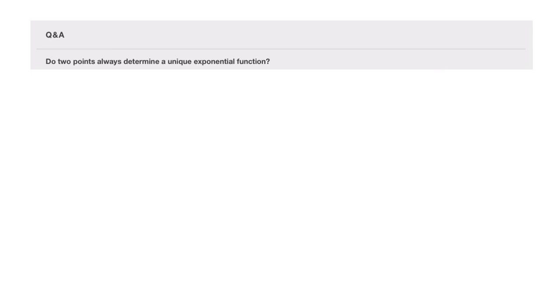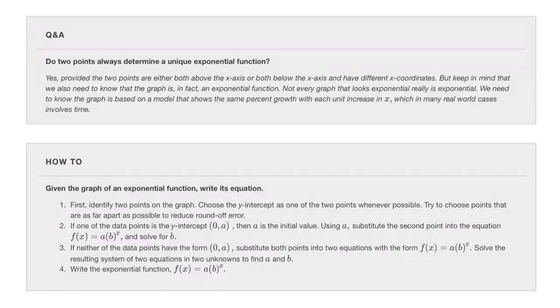Okay. Do 2 points always determine a unique exponential function? I feel like that's a yes. Let's see. Oh, that's interesting.